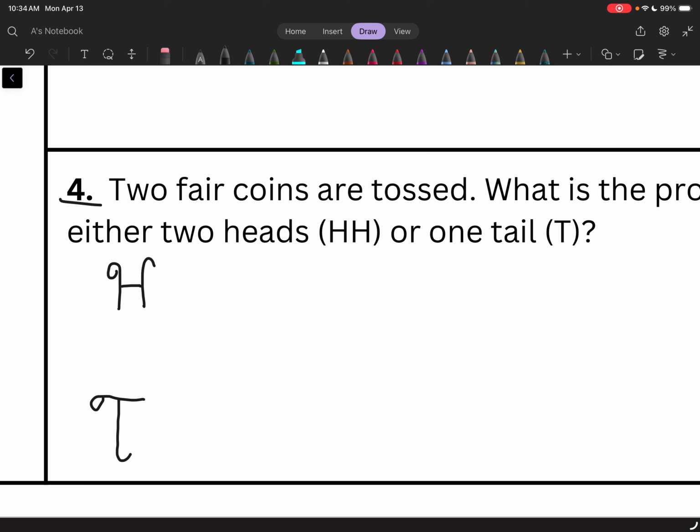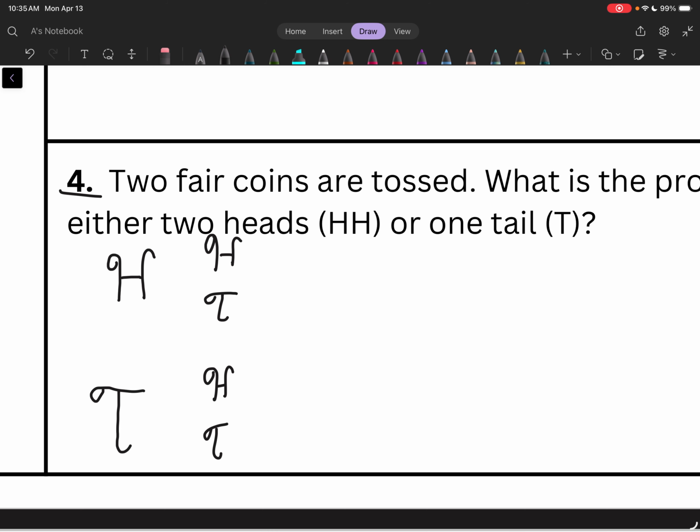That's the first coin. For my second coin, I could get heads or tails, for either first outcome. So these are my 4 possible scenarios.